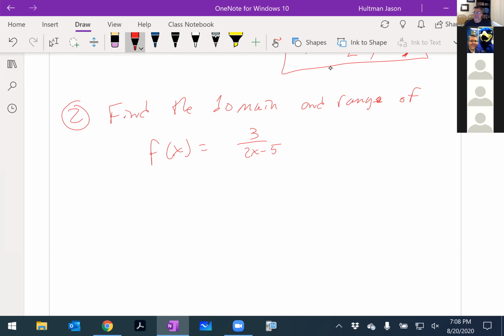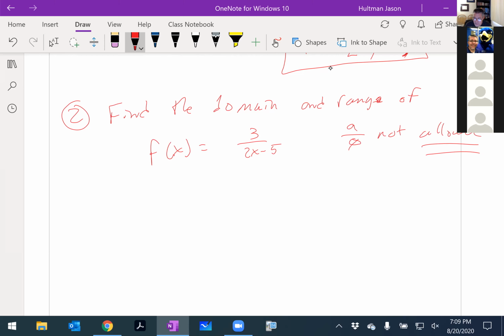One of the properties of mathematics is that we cannot divide by 0, right? Division by 0 is not allowed.